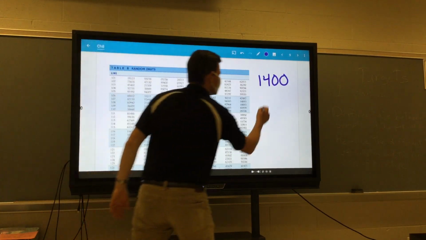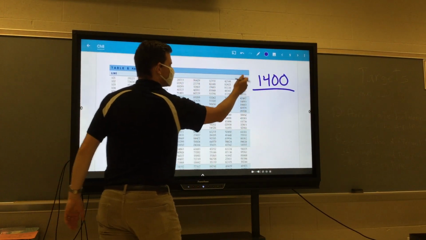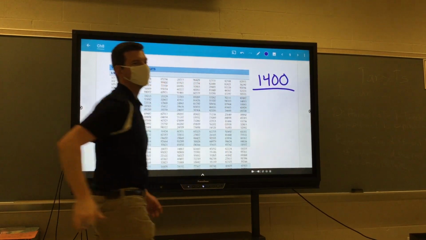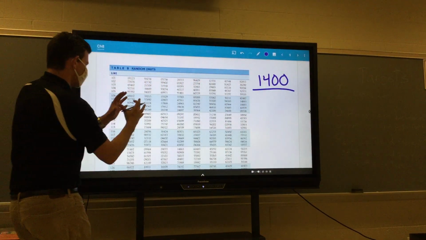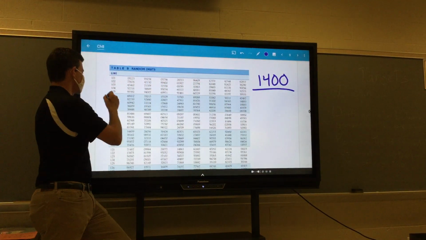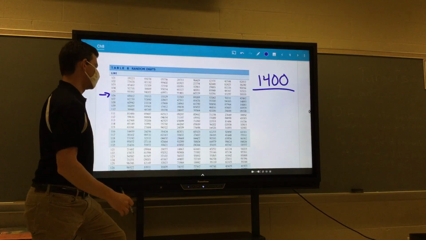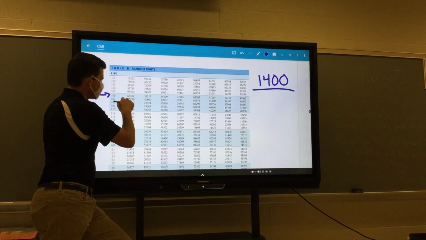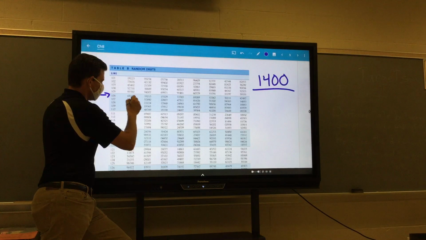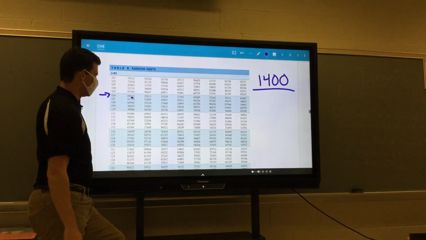Now, for that to happen, my first digit needs to be 0 or 1. Right? So I'm looking for 4-digit numbers. So let's say I want to start in row 106 here. I'm going to find my first number here that's 0 or 1. There it is, number 1 right there.